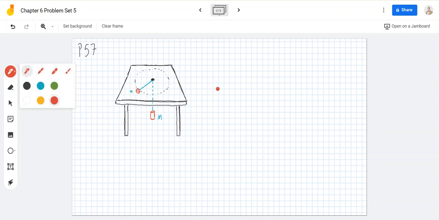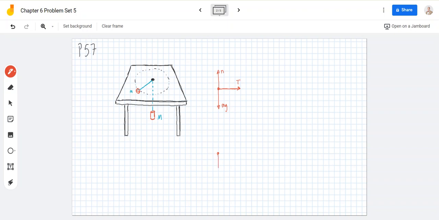Okay, let's do the puck first, and we're going to do a side view for the puck. So this is little mg, the weight of the puck. It's sitting on a table, so that's the normal force. But it's a frictionless table, so that's nice. And if we're looking at a side view, that's the string pulling in, and we're going to call that T for tension. Let's do the force diagram for this guy, the hanging weight here.